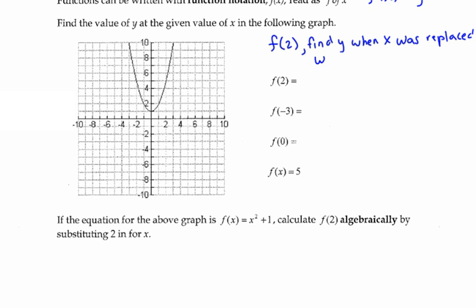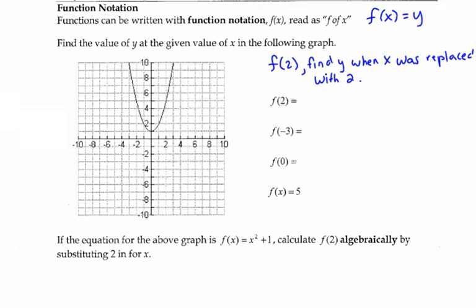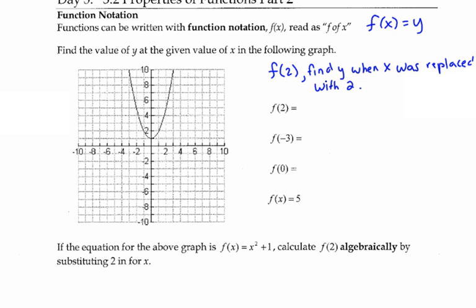That's what that means. Find y. And so this is my input, f of x. My input is my x, and out comes our y. So when we put in a value of x equals 2, out pops the value of y.